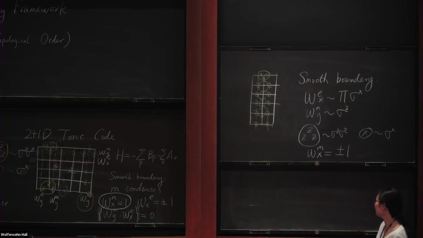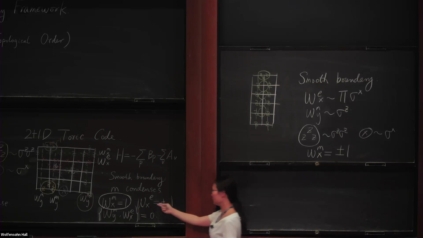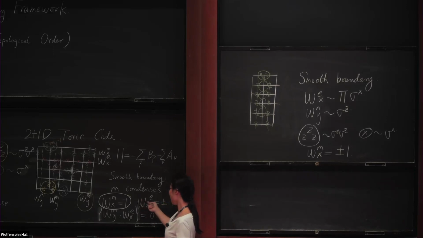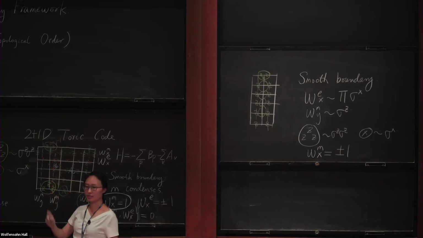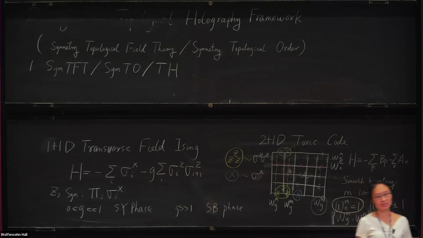But it's slightly different from the choice of WXE being ±1, because now we need to introduce a defect on the top boundary.